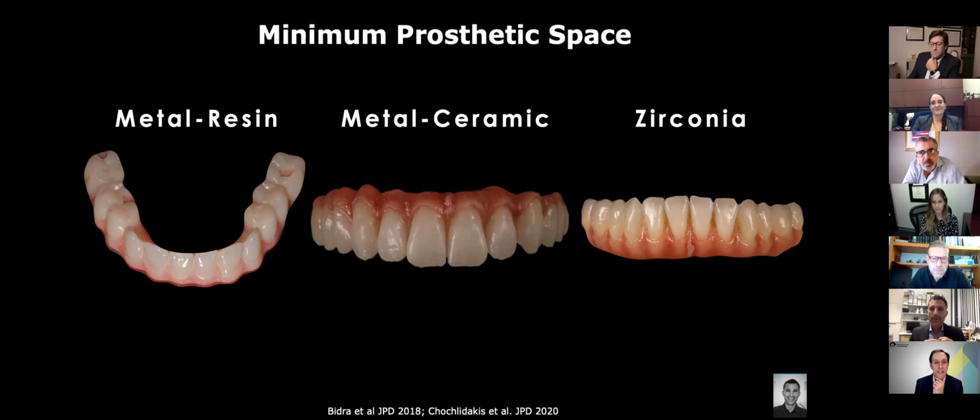I think this is a great point, because I agree with you. Most of the time it is a cost issue that comes from the prosthetic side. In many places outside the US, this is not that much of a difference. We don't want to talk about cost and lab fees here, but in many countries, in Europe and South America, that is not the case.